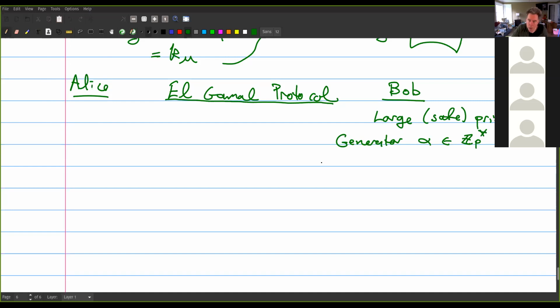And then he computes his private key, which the book also calls D. I'm kind of torn about whether to use extra notation, but I'm just following what the book does here. So his private key is selected at random in the set 2 to P minus 2. Basically he's just picking a random element of the group, except that he's not dumb enough to pick 1, or plus or minus 1.